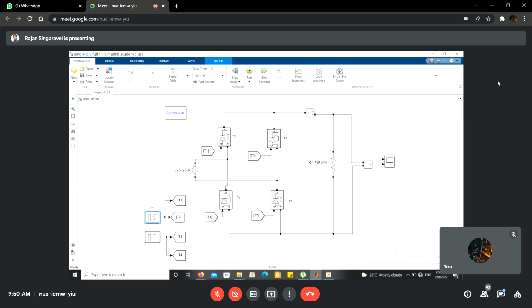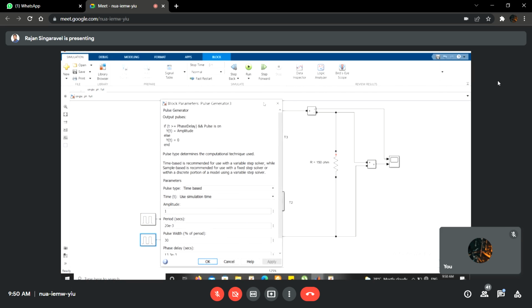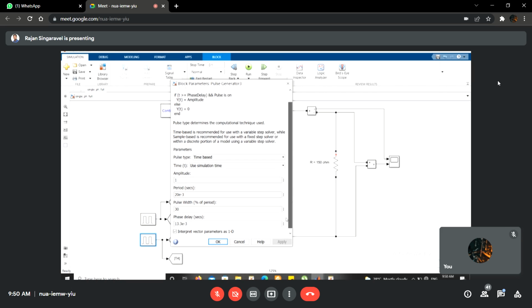The first set of pulses, T1 and T2, is delayed by 3.3 milliseconds. So obviously the next set of pulses should have a further 180 degree delay. 180 degrees corresponds to 10 milliseconds. So the next set of pulses is generated with a phase delay of 13.3 milliseconds.